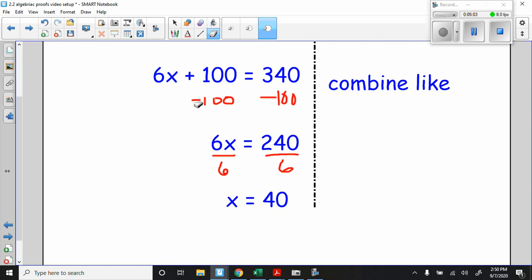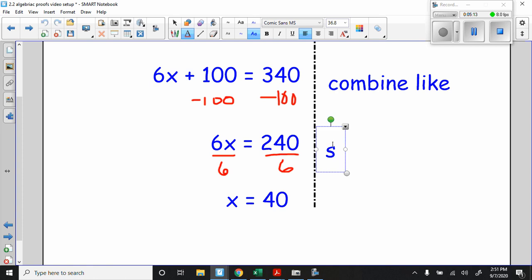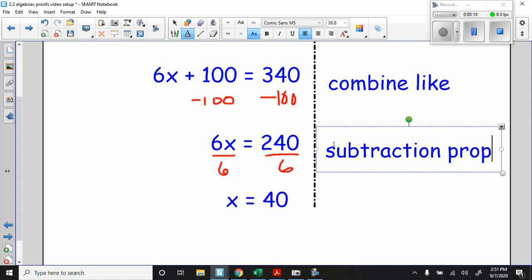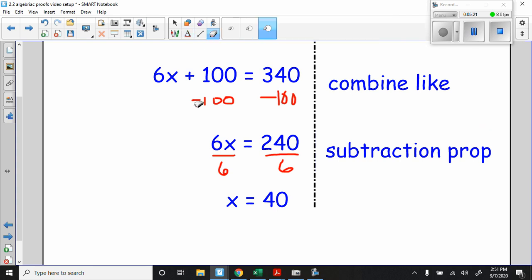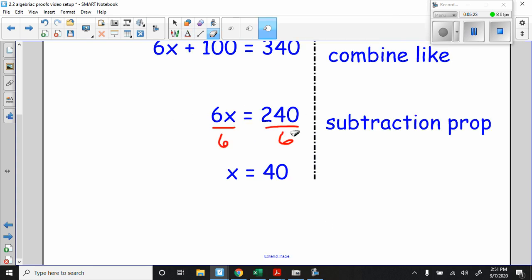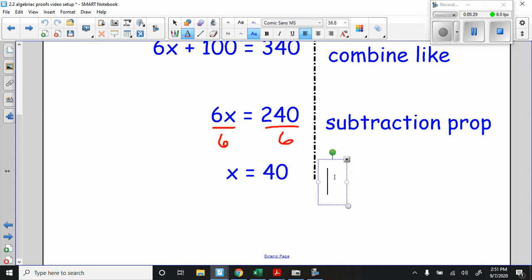So how did they get from here to here? They got this result by the subtraction property. They subtracted to both sides. And then how did they get this result? What did they do to both sides? They divided, the division property.